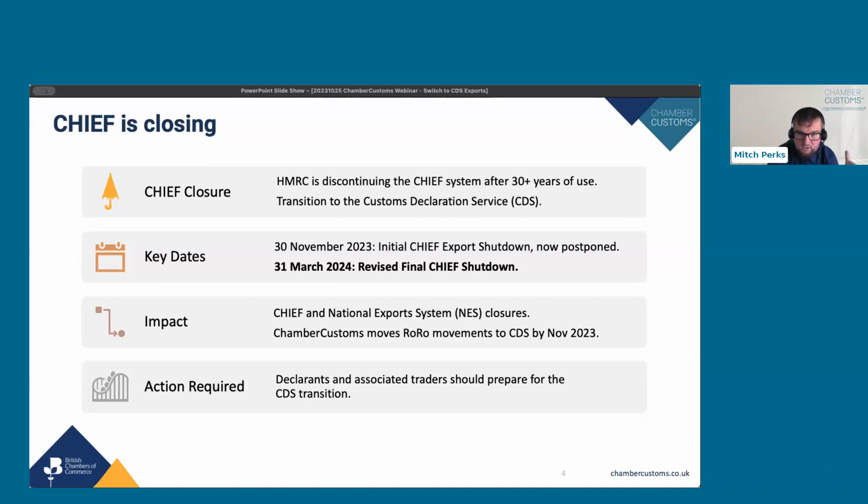HMRC have now announced that that's been postponed to the 31st of March 2024. So we've actually got an additional 5 or 6 months to transition over to CDS. For those of you that were involved in the import switchover, a similar thing happened where we were granted extensions to meet that deadline.